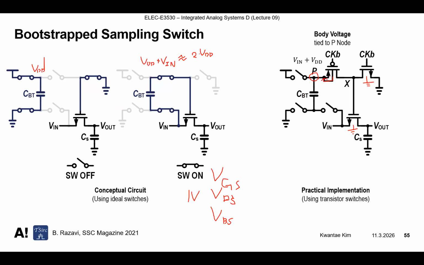So for this PMOS, if we just drive Vin plus VDD and then connect the body to VDD, then this is a part of the discussion in a later slide. But in this case, if we set VDD, the PMOS transistor can be implemented as a PNP.